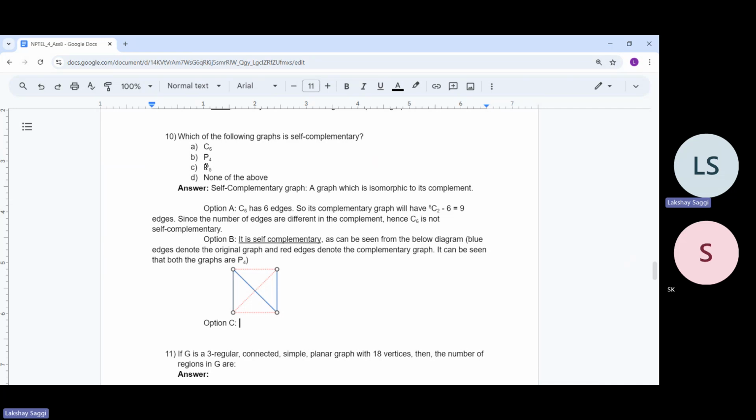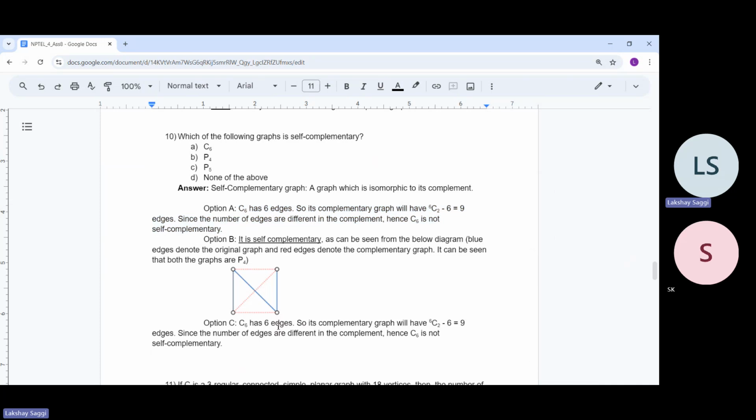Option C is the graph P5. So actually in P5, we can show using similar arguments as done in option A that it won't be self-complementary. Maybe I just copy paste the argument for option A and I'll just change the values. So we are given the graph P5, not C5, sorry.